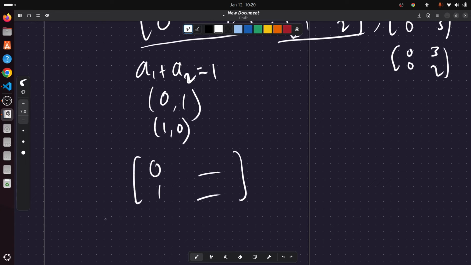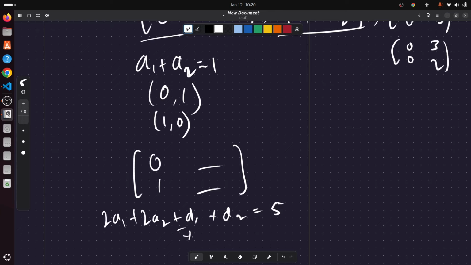Because I want that 2A1 plus 2A2 plus D1 plus D2 is equal to 5. And since I fixed A1 plus A2 to be equal to 1, so I want that D1 plus D2 should be equal to 3, right? So I'll count the possibilities for this D1, D2.